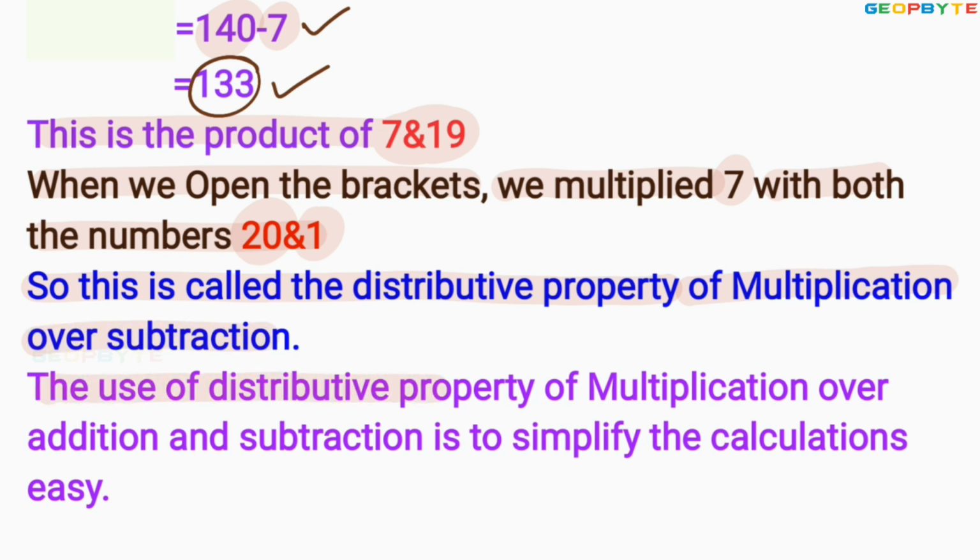The use of the distributive property of multiplication over addition and subtraction is to make calculations easy. For getting answers easily, even with difficult calculations, we can use the distributive property. I hope all of you clearly understood it. Now let us move to the other property called multiplication and division by 0.